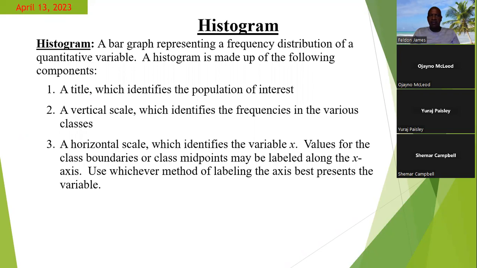As in the case where we use the height of the bar to measure the frequency, we measure it against the vertical axis. The horizontal axis, which is the x-axis, is labeled either with the boundary values, the same boundary values we have been discussing, or with the class midpoints, depending on which best gives you the representation of the variables.